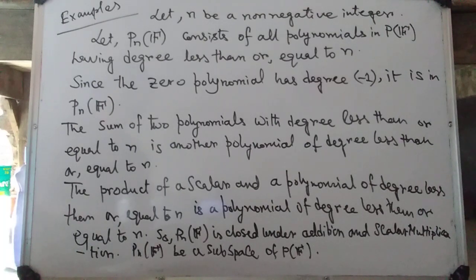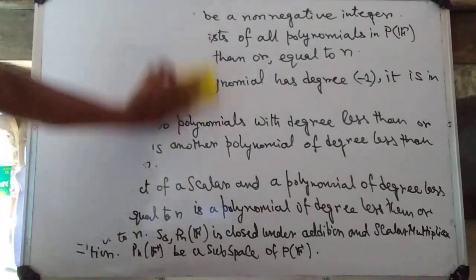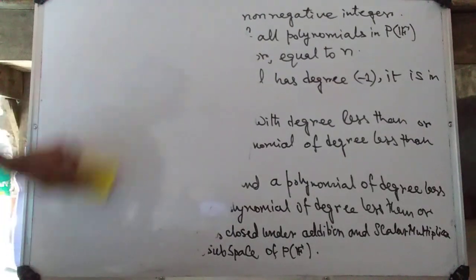So P_n(F) is closed under addition and scalar multiplication, and is a subspace of P(F). So we have discussed this subspace, and now we erase that portion and go on to further discussion.